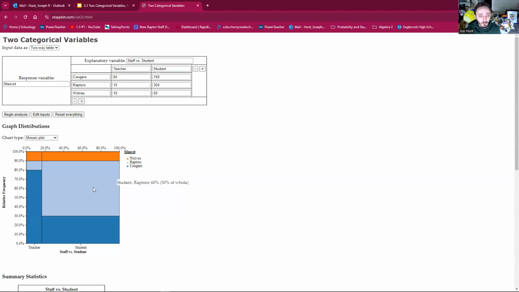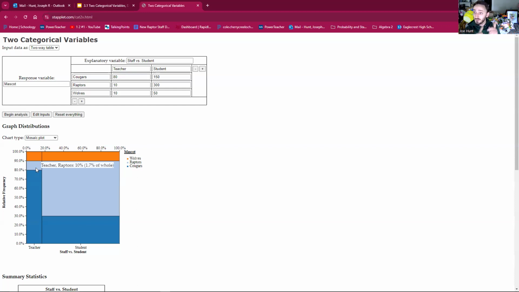If I hover over this group for students that supported the Raptors, it's 60% of the students, but that's 50% of the entire vote. 50% of the entire vote were students saying Raptors, and then 1.7% of the entire vote were Raptors, but also teachers. So that's why we're the Eagle Crest Raptors instead of the Eagle Crest Cougars.